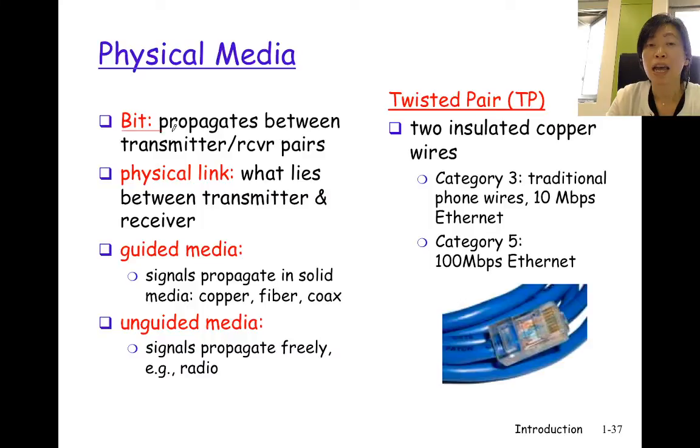And if we talk about bandwidth, it is always about how many bits we can transmit per second. So essentially, at the physical layer, all we care about is to propagate these bits from the transmitter to the receiver. So there's often a physical link that connects the transmitter and receiver. Sometimes wireless links connecting the transmitter and receiver.